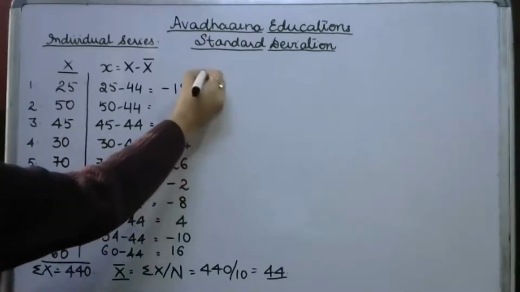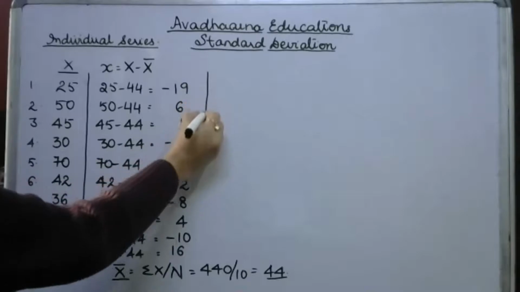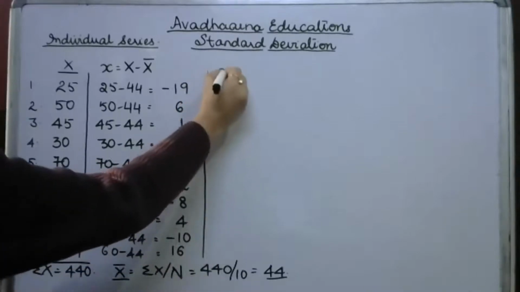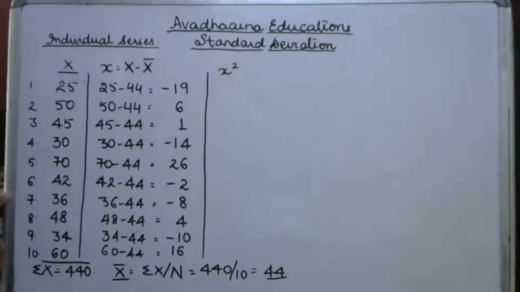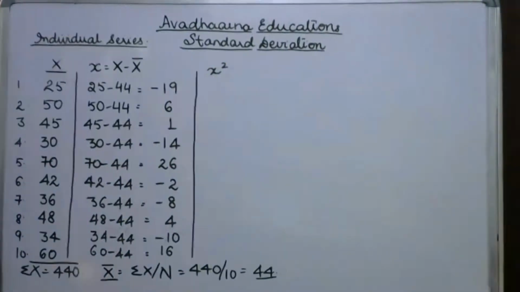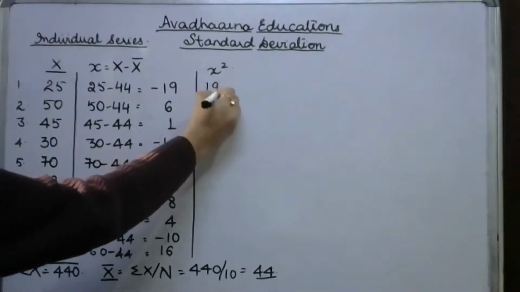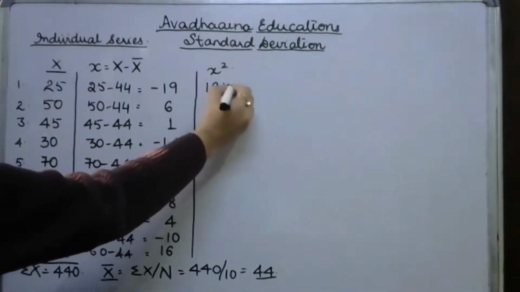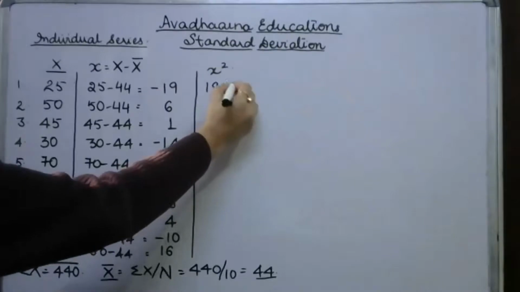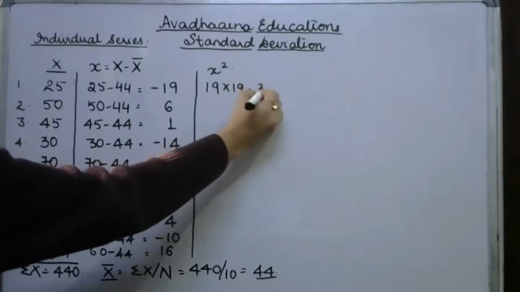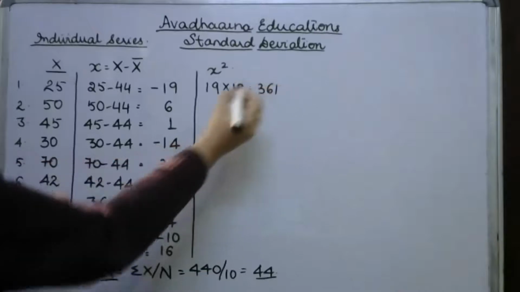Fine. The next step is to calculate the deviation square, that is small x square. So 19 square, that is 19 into 19. See, square means that a number is multiplied twice. This is 361.